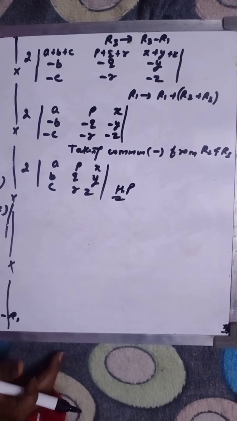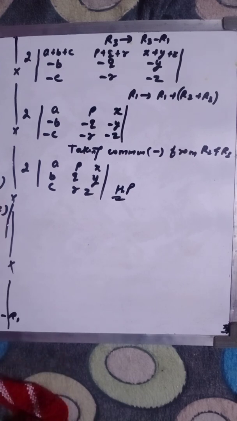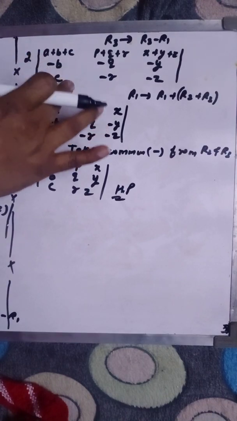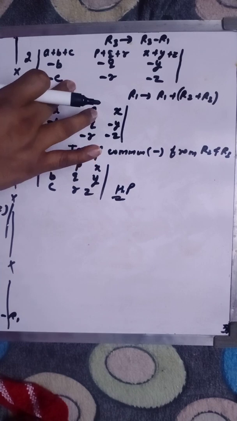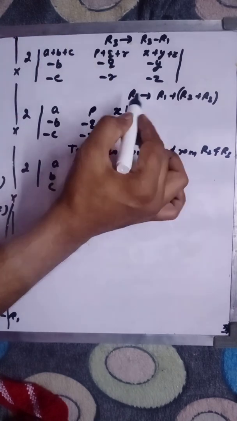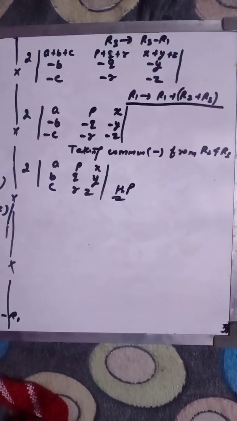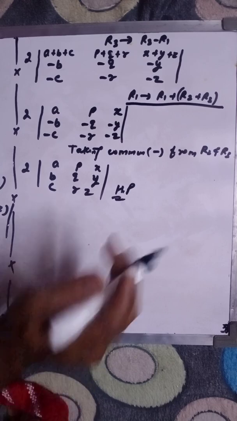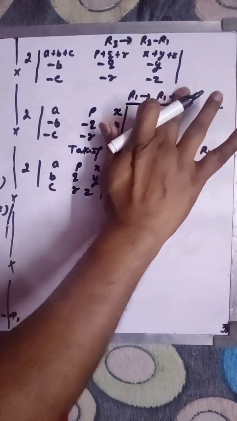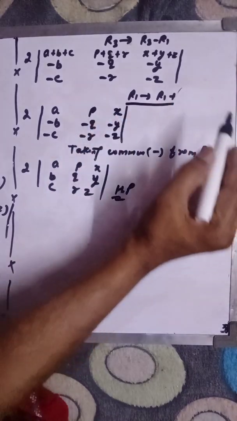Now in the next step, as I can see, if I add these two, and I add these two, and the sum of these two I'm adding in R1 also, so I'm applying this operation: R1 goes to R1 plus R2 plus R3. I'm writing it again, as I think it is not visible clearly.